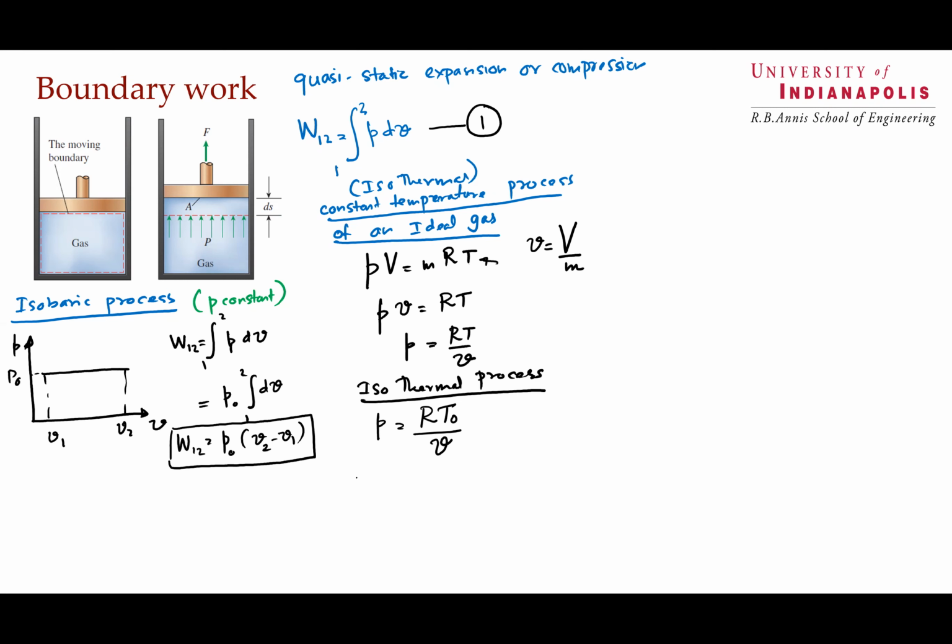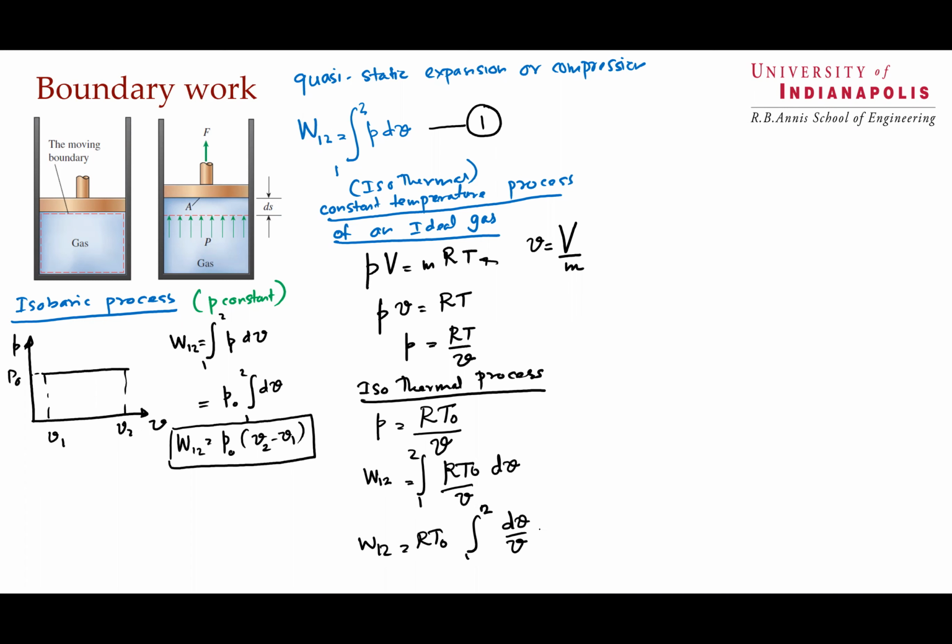And I can write W1 to 2, 1 to 2. Instead of P, I can write RT naught over v dv. And W12 is equal to RT naught integral 1 to 2 dv over v.